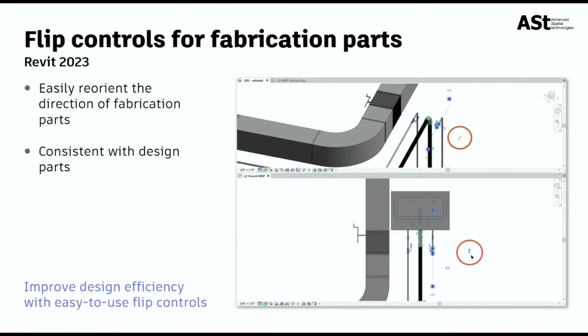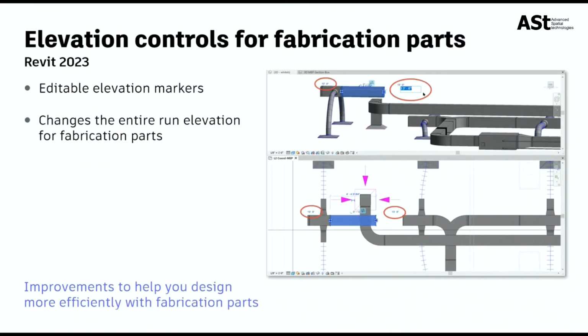New in 2023 are the flip controls for fabrication parts. So simple feature, flip controls make fabrication parts more efficient and now more consistent with the Revit design parts. Also with the elevation controls for straight segment fabrication parts, they now use an interactive in-canvas elevation marker.